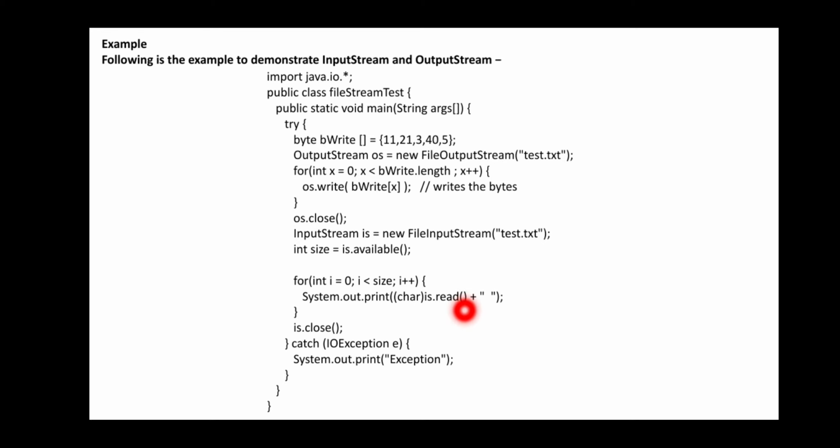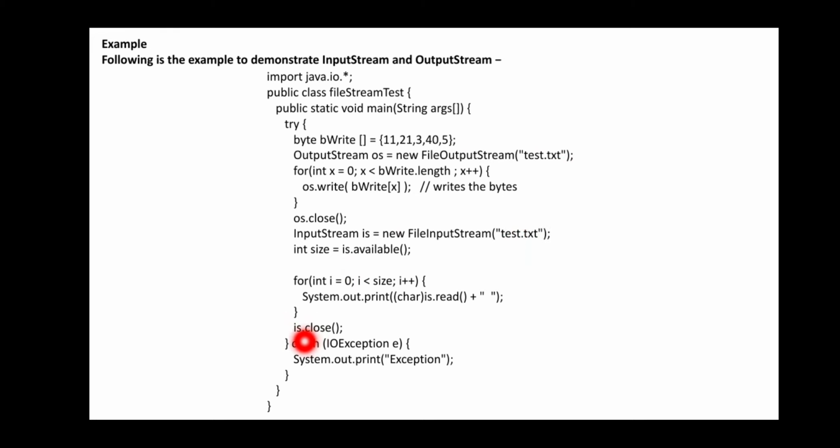It is not going to write anything, but on the screen you can display, because you are using the statement System.out.print, which displays 11, 21, 3, 40, 5, which are already written in test.txt, and you use that for reading purpose.